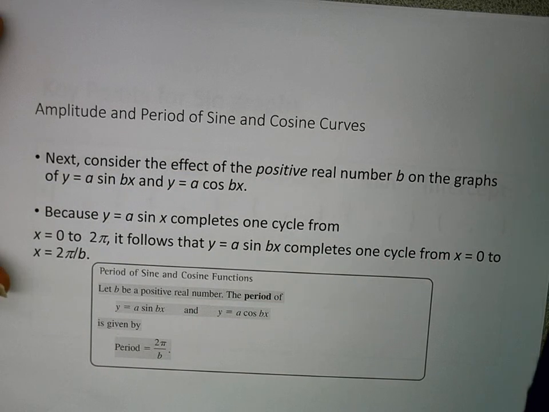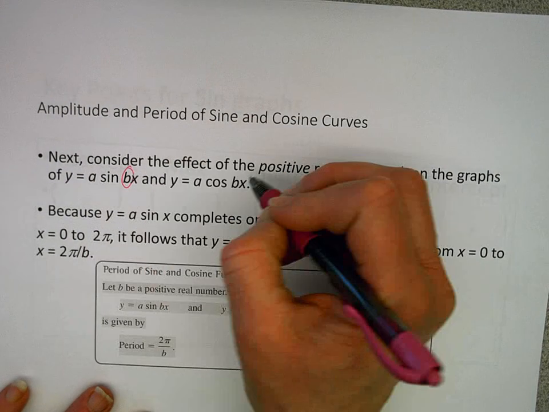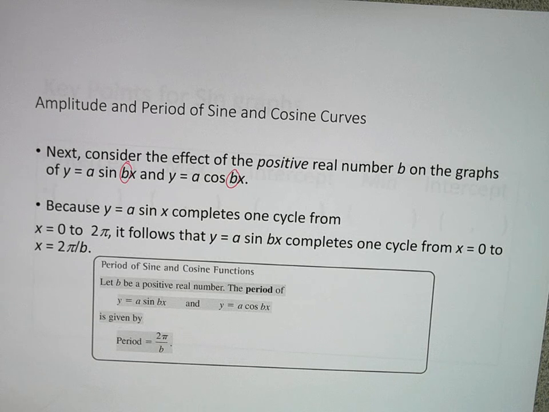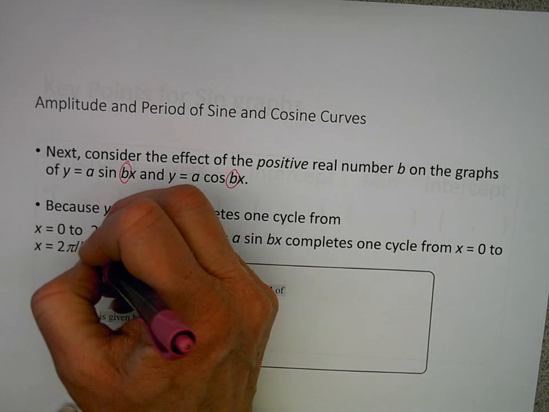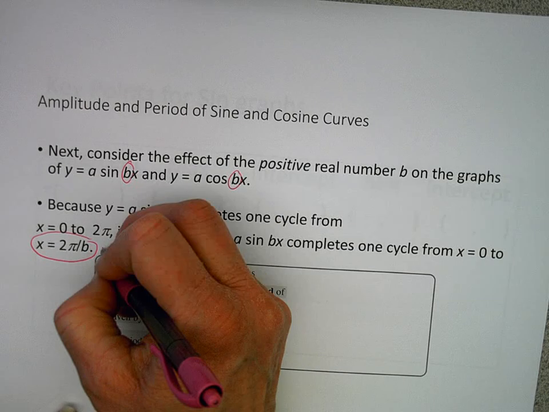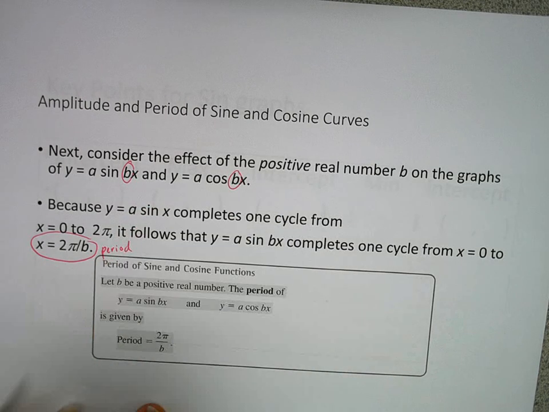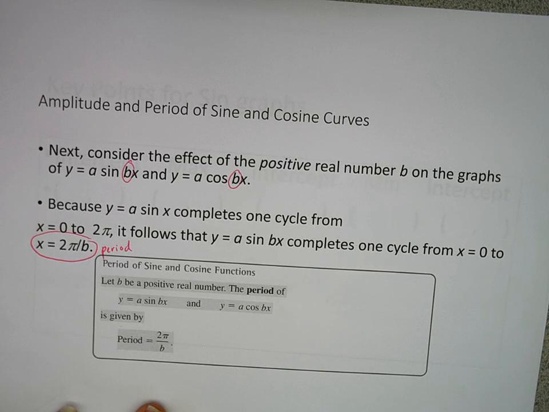And what you learned yesterday is the b value. The b value represents how many cycles you see in 2 pi, because a normal revolution around the circle is 2 pi. So to find the period, you take 2 pi divided by b. And you might want to highlight that in your notes.